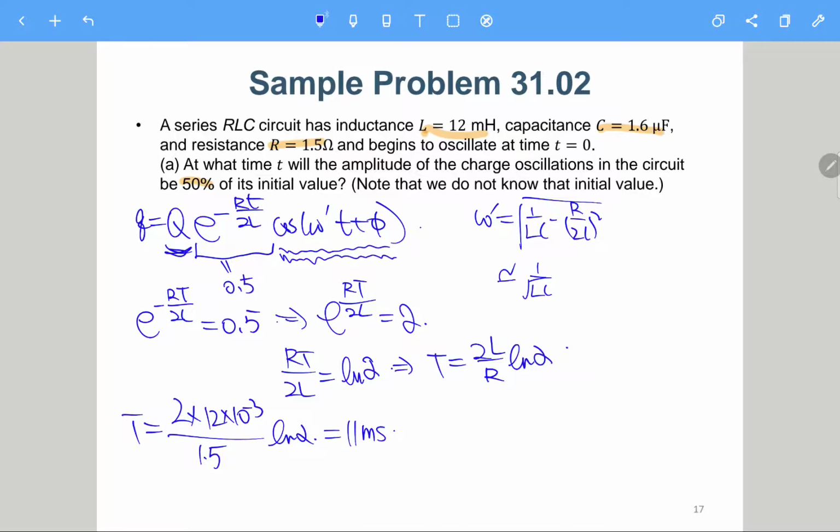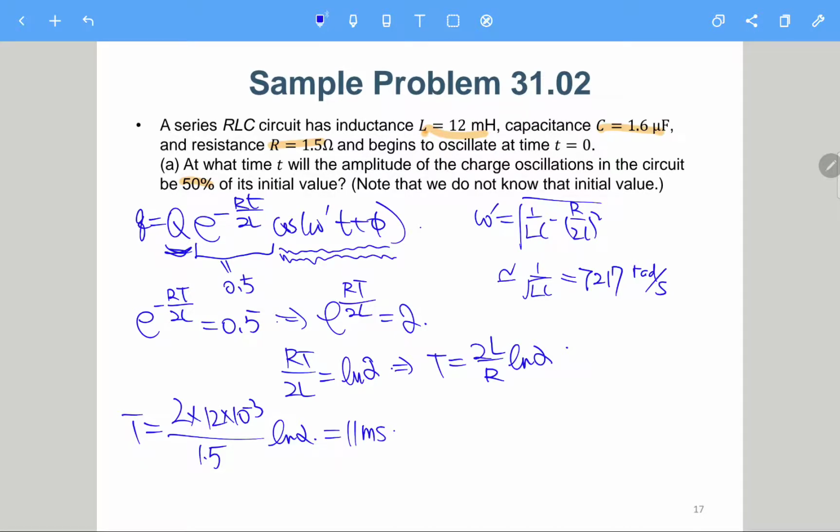L is 12 milli times 1.6, so this is 7,217 radian per second. The SI unit for omega is radian per second.